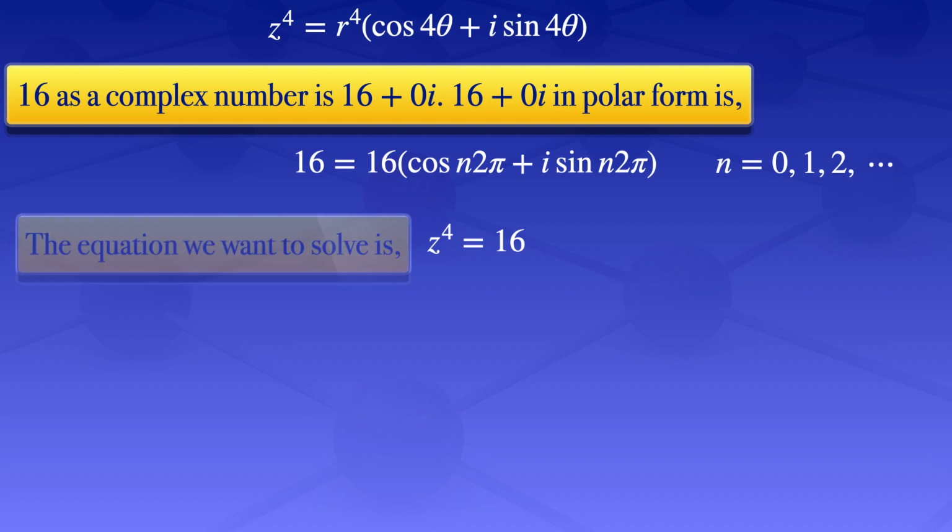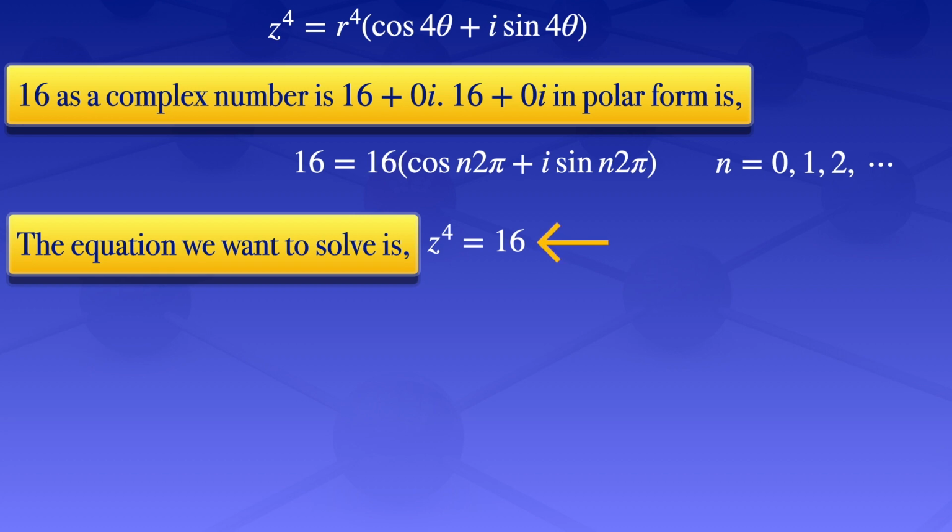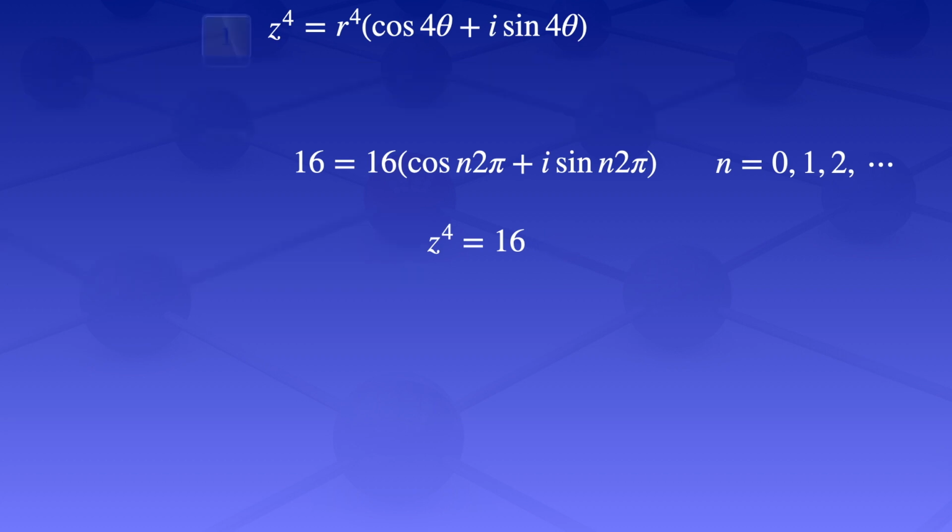But the equation that we want to solve is z to the power 4 is equal to 16. So I will number these equations, equation 1 and 2 respectively. Equation 1 has z to the power 4 and the other has a 16.